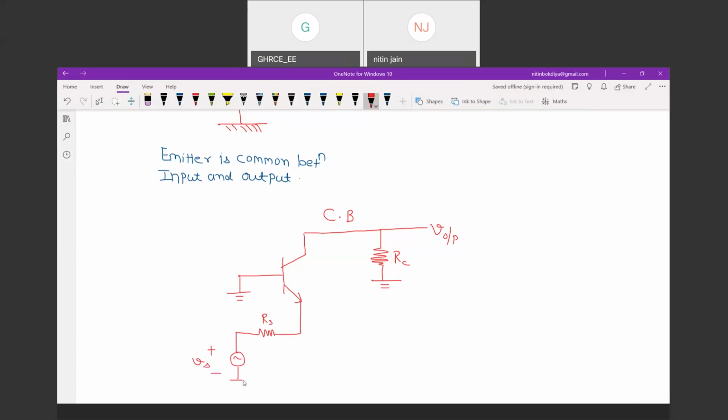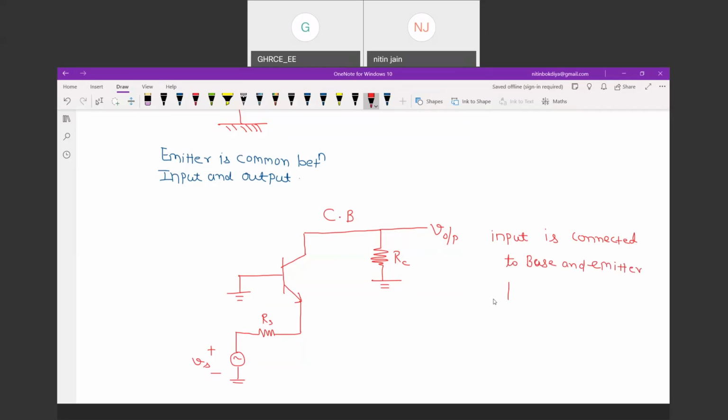VS. This type of configuration, when input is supplied at emitter terminal, you can say input is connected between base and emitter, है ना? By taking base at ground, है ना?